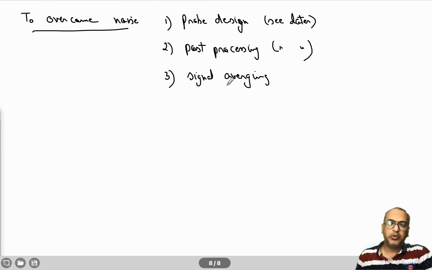So what is signal averaging? What you basically do is exploit the property that the NMR signal is reproducible, whereas noise is random.